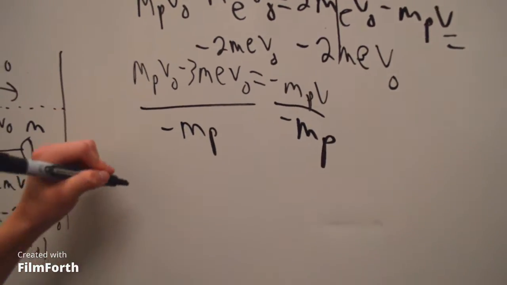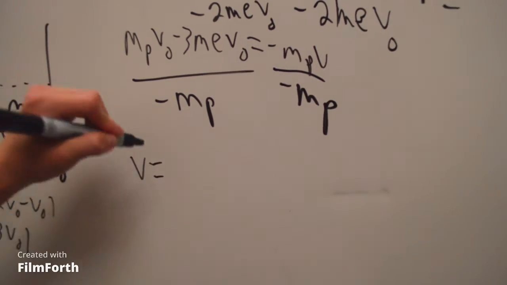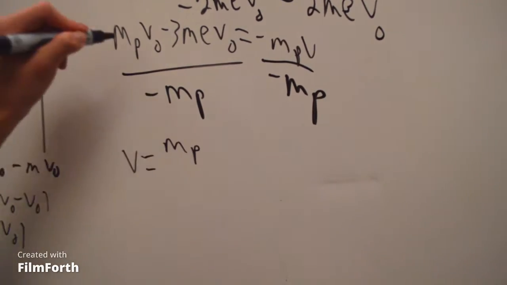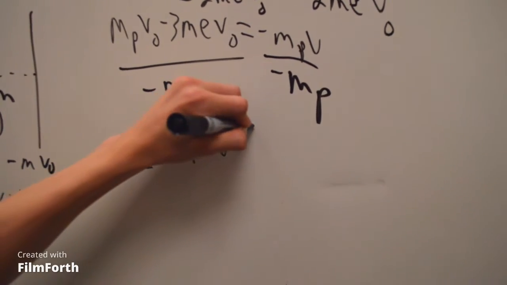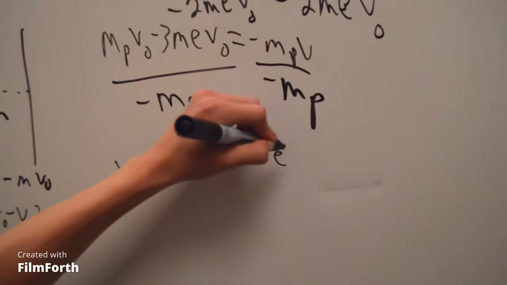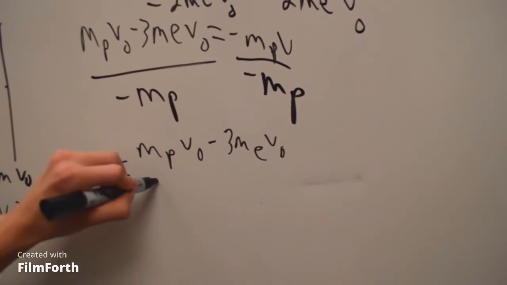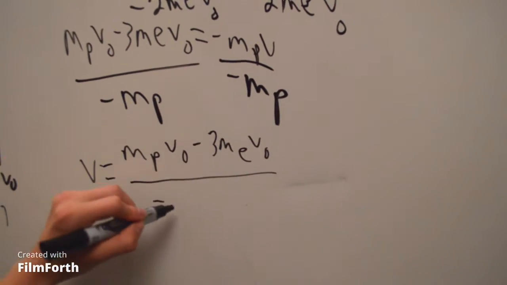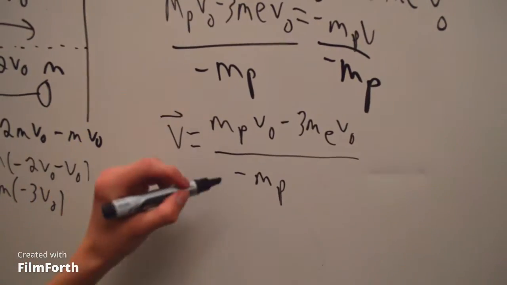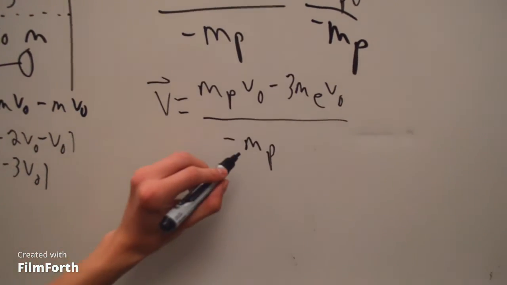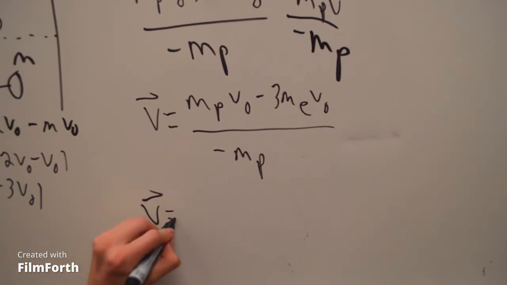Therefore, we get that the final velocity of the proton equals the initial momentum of the proton minus 3 times the initial momentum of the electron, and I apologize, by the way, this should have been in subscripts, divided by the negative of the proton's mass. But since we don't want negatives in the denominator, we can factor out a negative on the top to make things simpler.